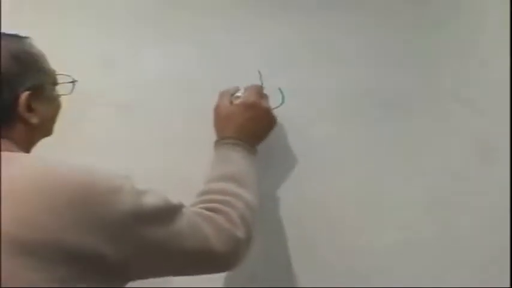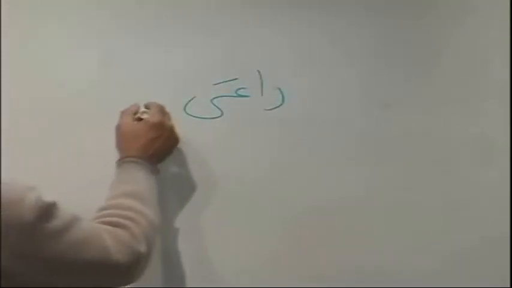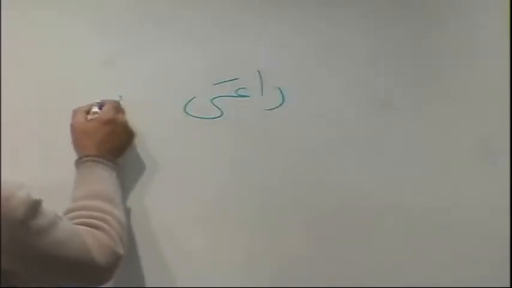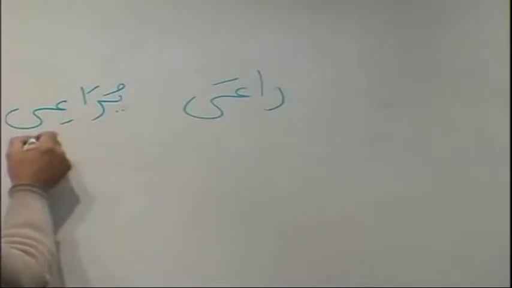Now, let us see what the verb looks like. What is it? Ra. And yura. Now make it majhul.